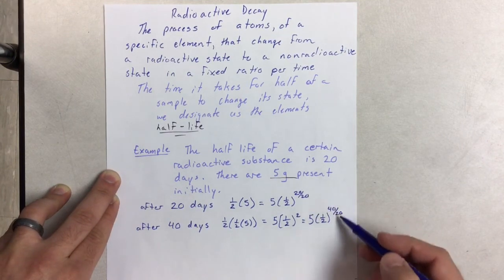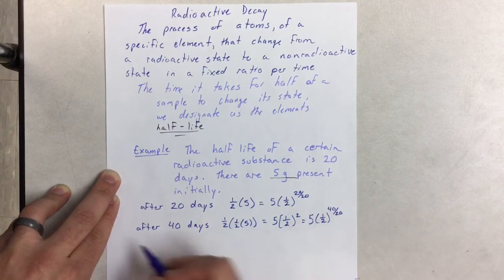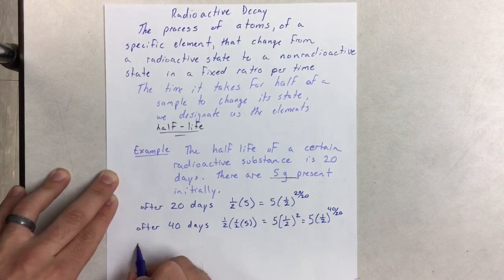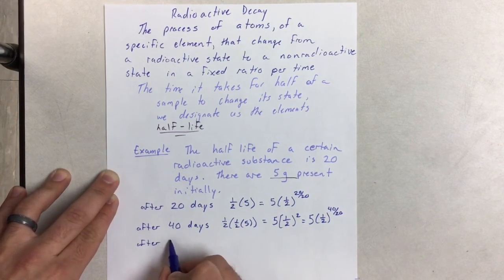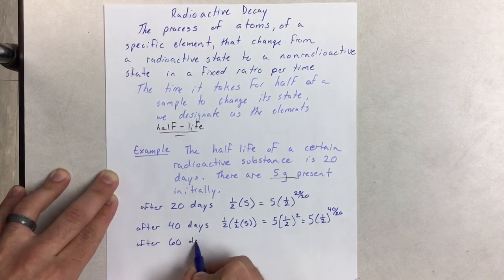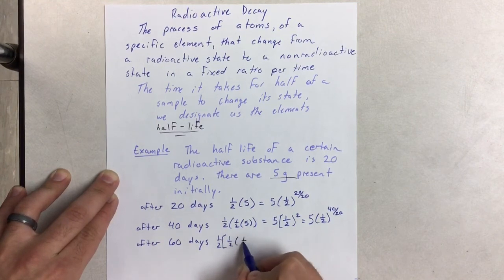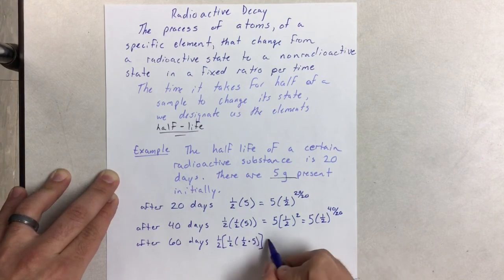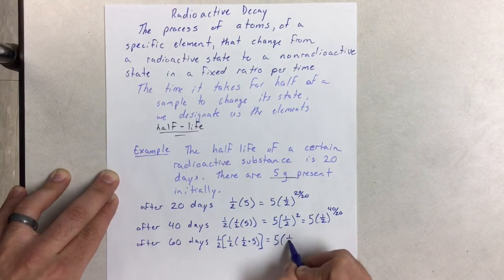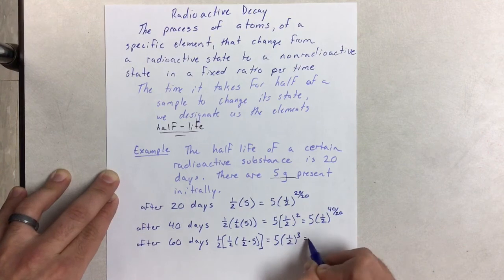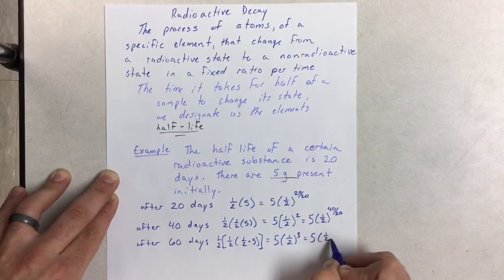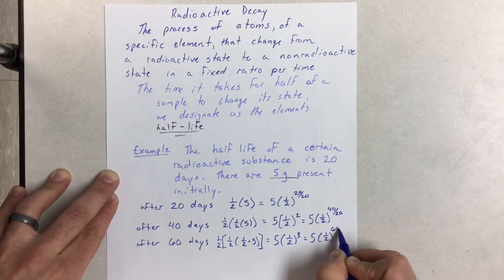Okay, so I'm going to start looking for a pattern in our end result, and say after another 20 days has passed, after 60 days. So I want to write this half of half of half, okay, or 5 multiplied by 1/2 cubed, or 5 multiplied by 1/2 raised to the power of 60 over 20.